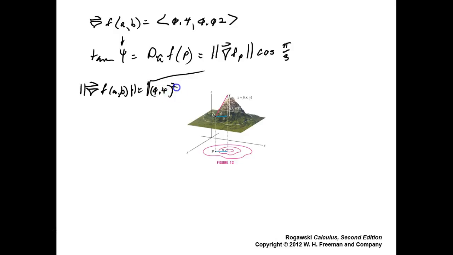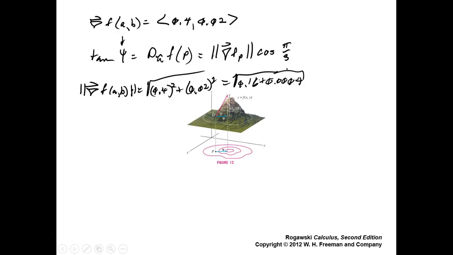It's the square root of 0.4 squared plus 0.02 squared, that would be the square root of 0.16 plus 0.0004.